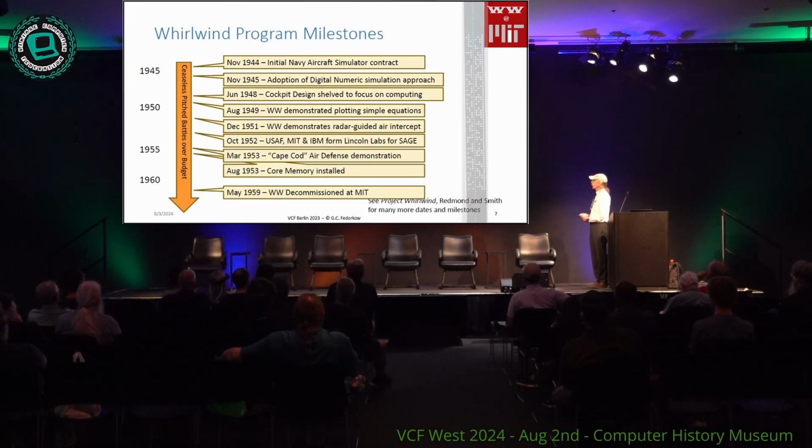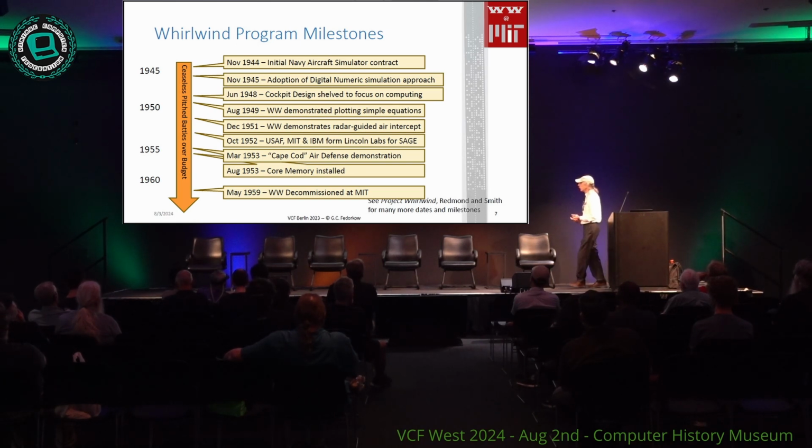Just a brief history timeline. They started the aircraft simulator idea in 1944. They got far enough, the machine was going well enough to start demonstrating equation plotting on a CRT in 1949.